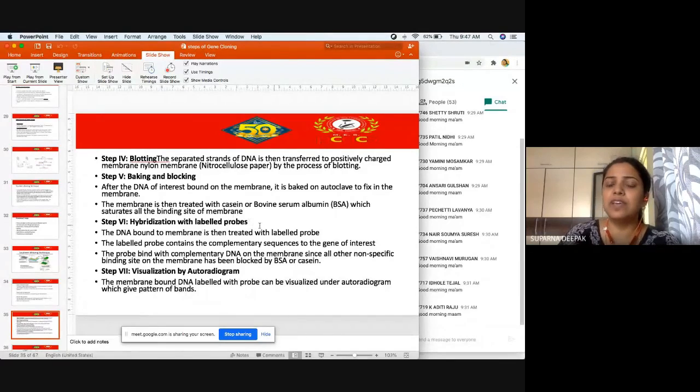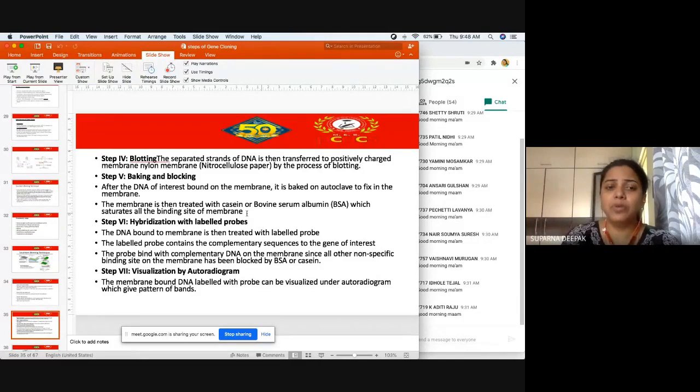So even if there is no DNA, the probes can non-specifically bind to these places on your membrane. That is the reason BSA, or casein with BSA, is utilized, so that these binding sites are blocked and when you add the probe, it cannot bind to these sites.